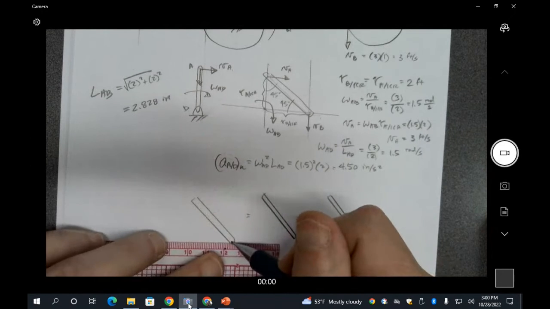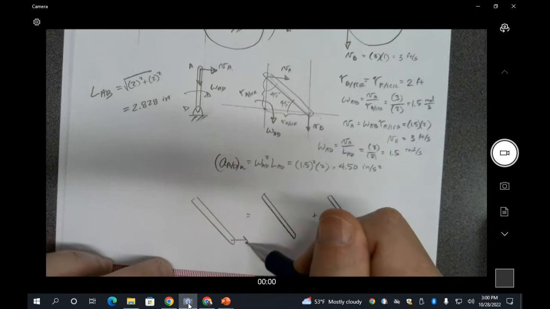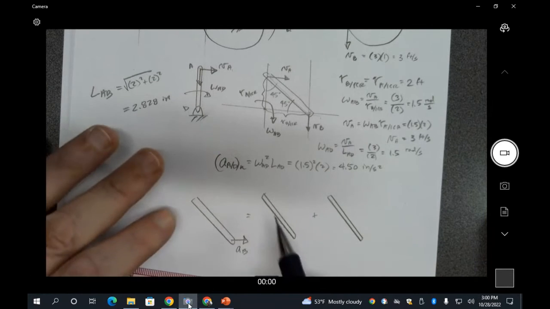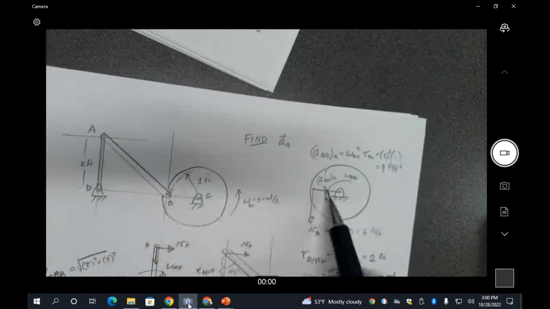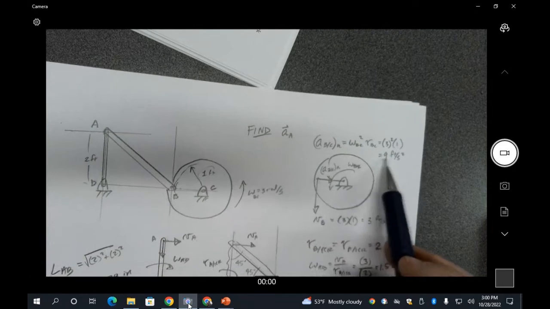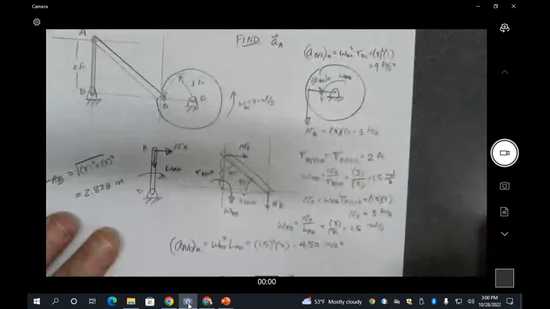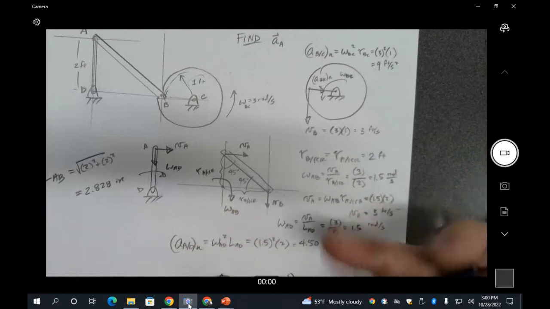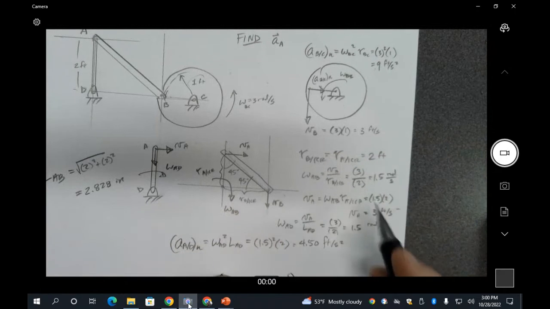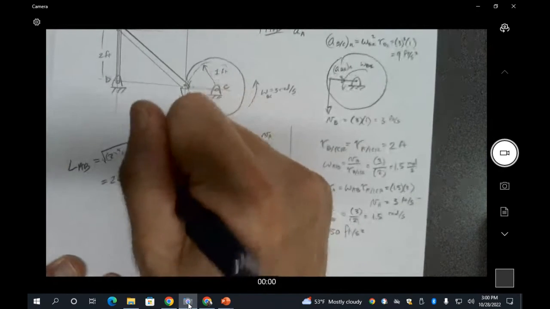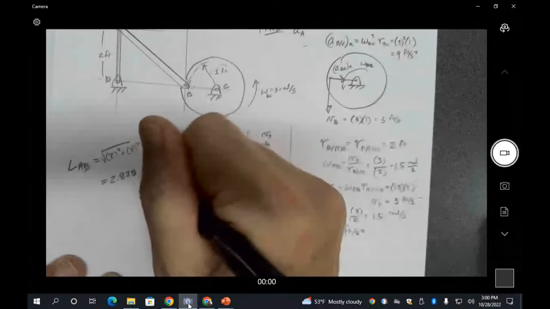So here we're going to know all of the accelerations at B, because the wheel's moving at a constant angular velocity. Therefore, the entirety of B is actually going to be that 9 feet per second squared. Did I say inches somewhere? I probably put inches somewhere, probably in a couple places. At least here, it should be feet. I only messed it up once. Okay, that's supposed to be feet too. Sorry about that.